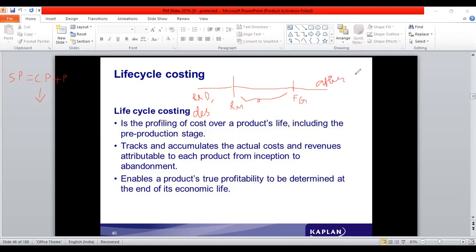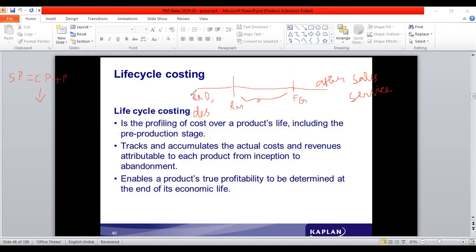There are still some more costs. Now these costs also have to be recovered. So before the production and after sales service costs also have to be recovered. Now these things are not considered as the cost incurred during the operating year, and these are not the operational costs.